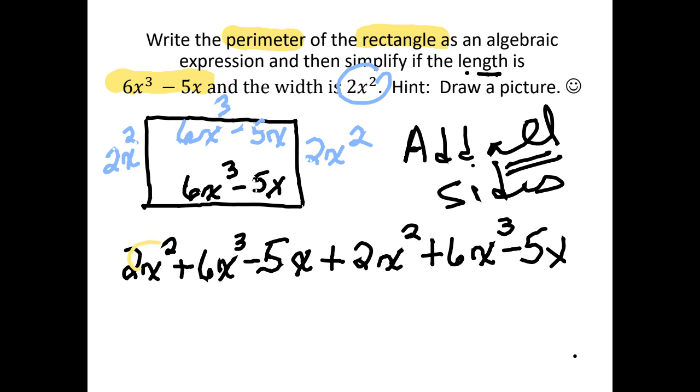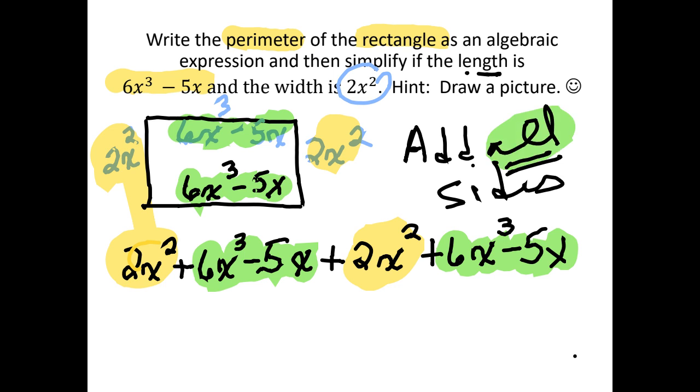This is my 2x squareds. That's this side and this side. This is my 6x cubed. This is my 6x cubed. This is all sides.